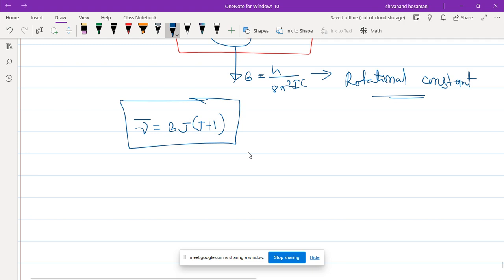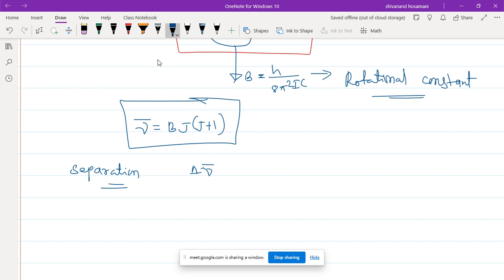As the rotational number J increases, the separation between the levels increases. What do you mean by separation? Separation means delta nu bar, the difference from one state to another.